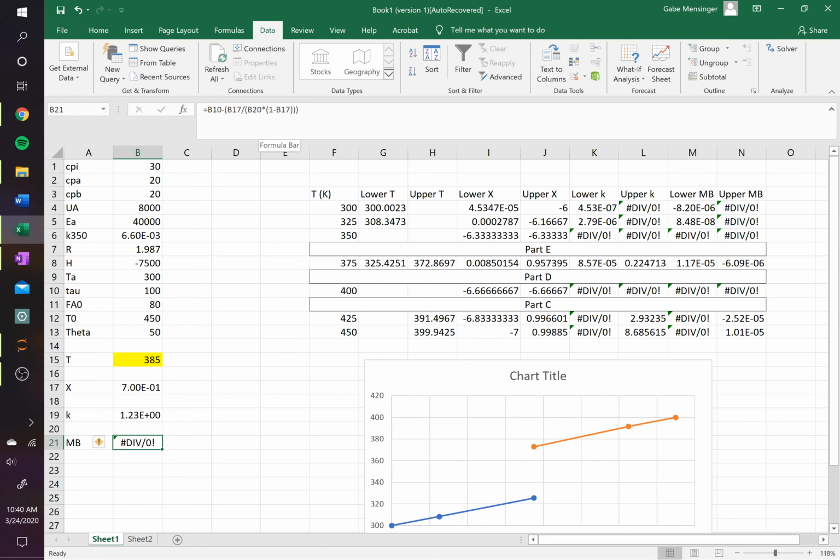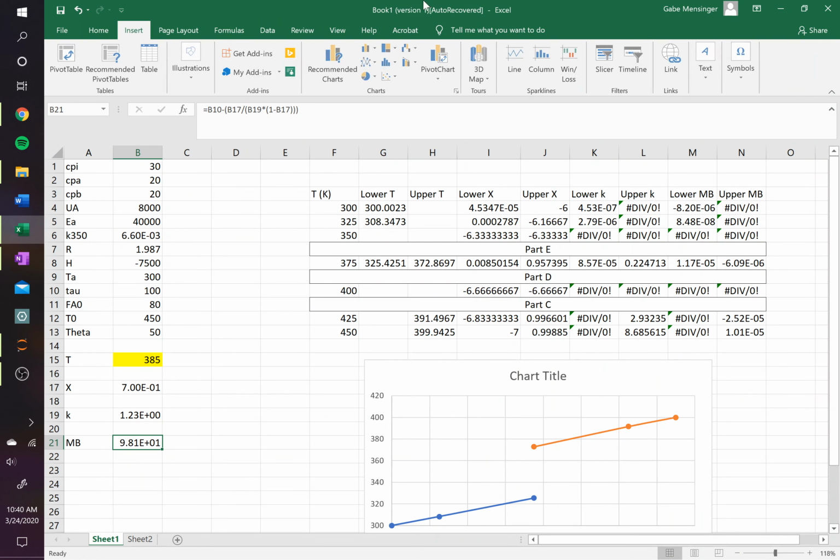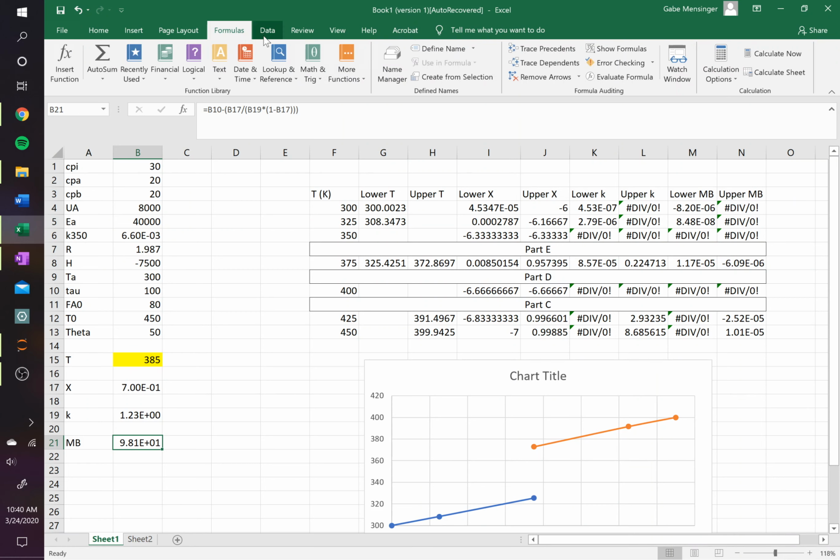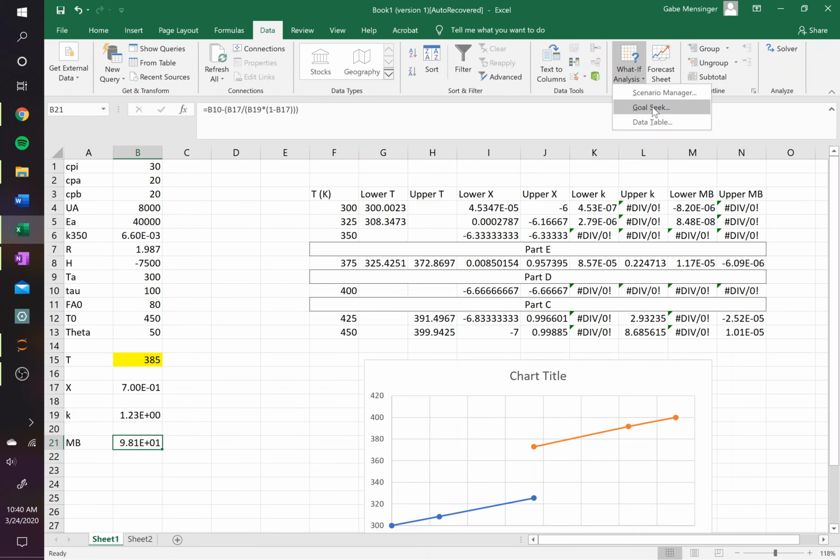I messed up somewhere. Oh, that's why. There we go. All right, so if I did all this right, and I hope I did, I'm going to use Goal Seek, if I can find it, to do this.